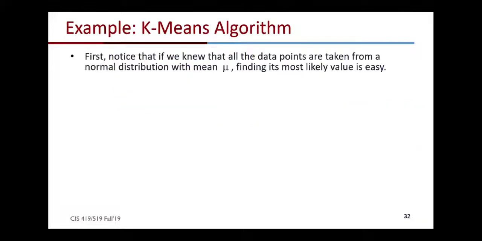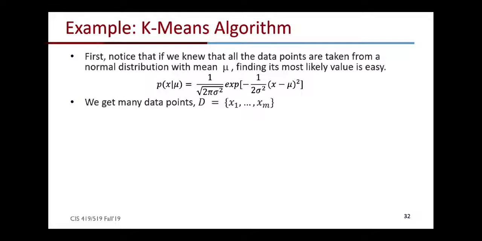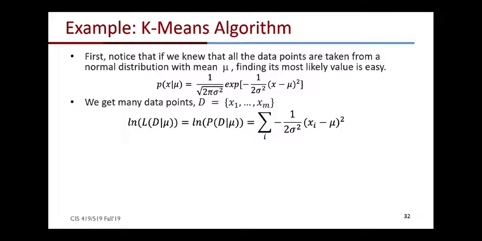And we can, again, just like we did with the coin tosses, we can compute this. So what is the assumption now? We change the assumption. The assumption now is points are coming from the Gaussians. What is the probability of x given mu? It's just this. It's e to the minus 1 over 2 sigma squared times (x minus mu) squared, with some constant outside. We're going to assume that all the variances are the same. That's the probability distribution. So if I have many data points m, I can compute the log likelihood.